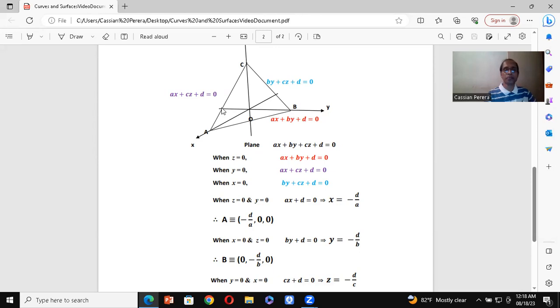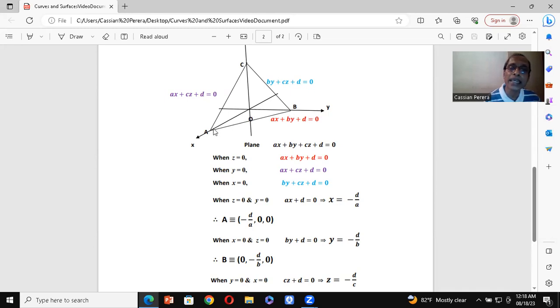Say we are going to find the coordinates of point A. Point A is on line AB, and line AB is on the XY plane.